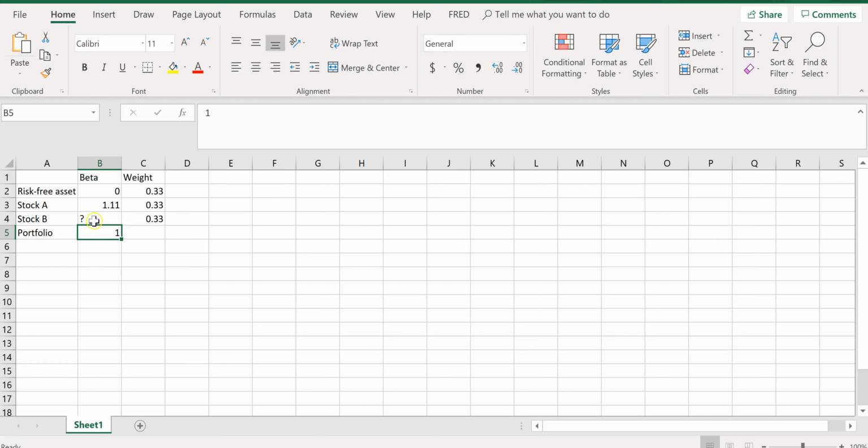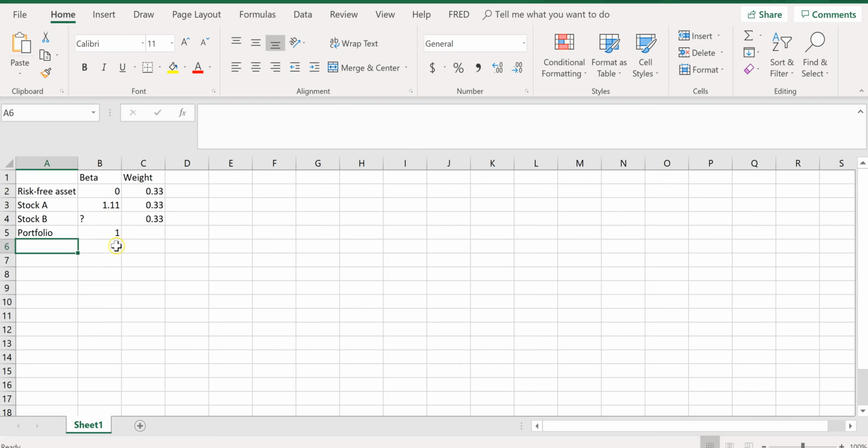All right. To use the goal-seek function, we need to set up the equation. We know that the portfolio beta is the weighted average of the betas of the individual assets within that portfolio.